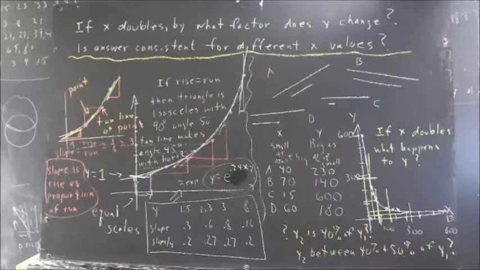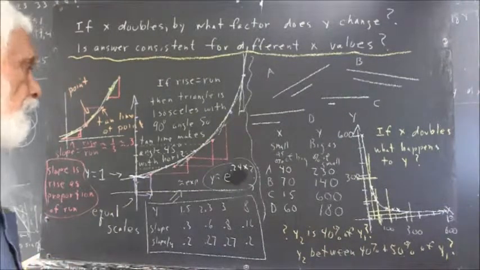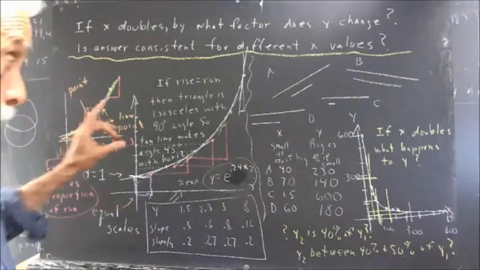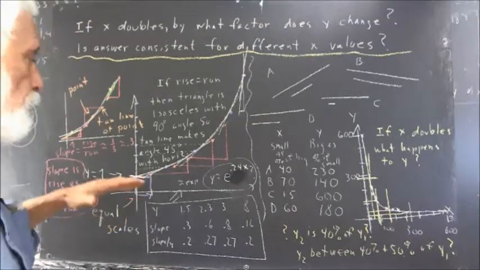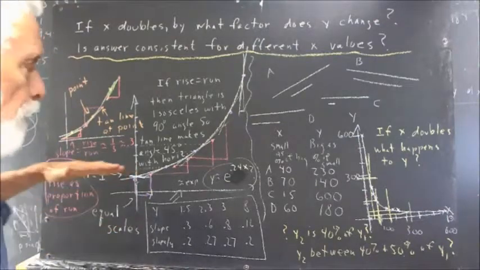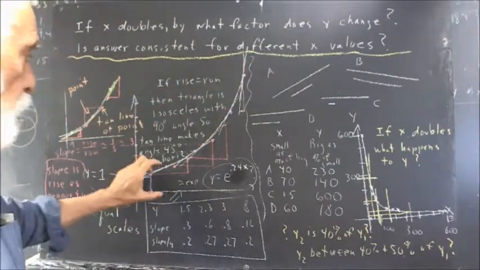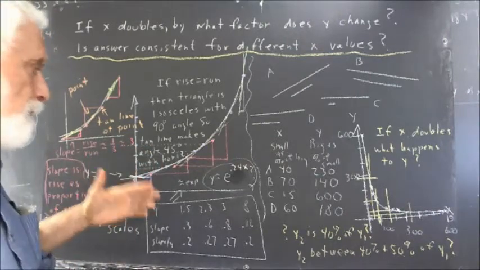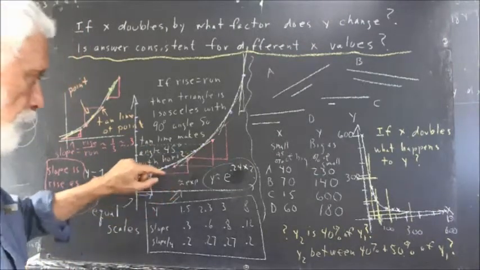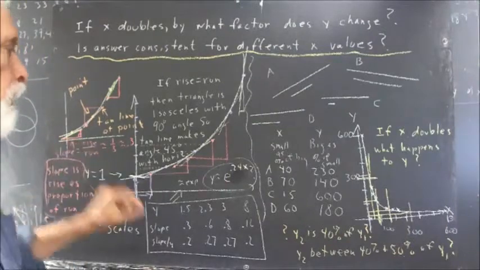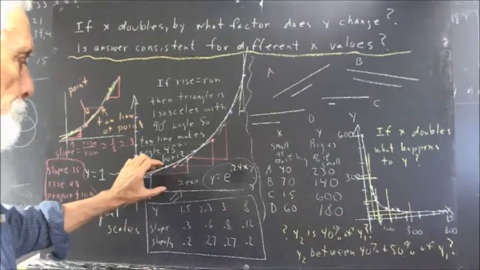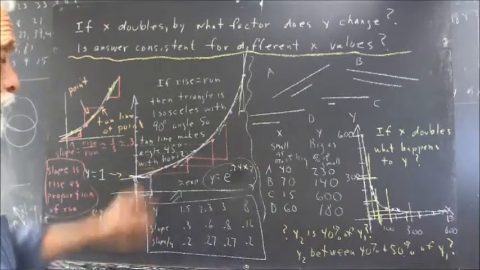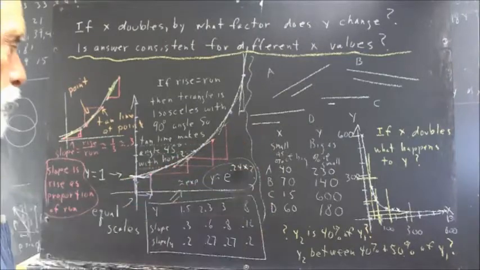Another property of the exponential graph is that, however the axes are labeled, the ratio of the value of the exponential function, that is the y value, to the slope at the tangent line of any point determines something about the exponential function.